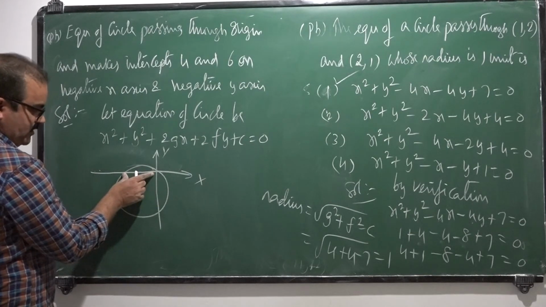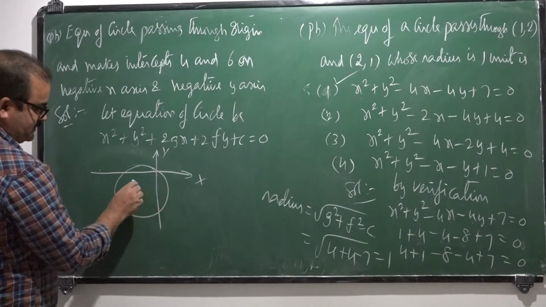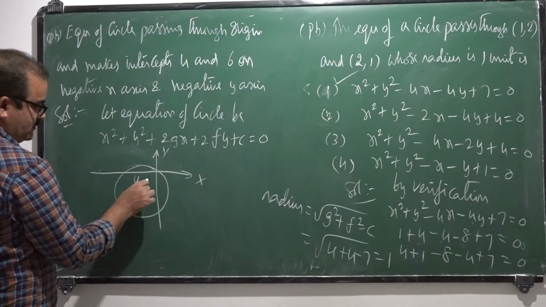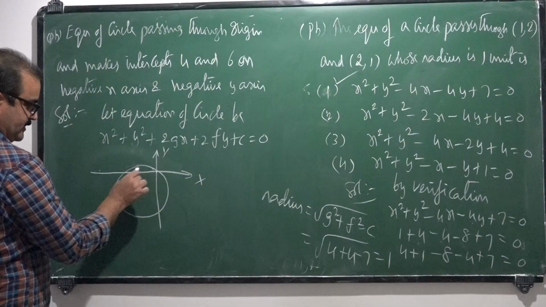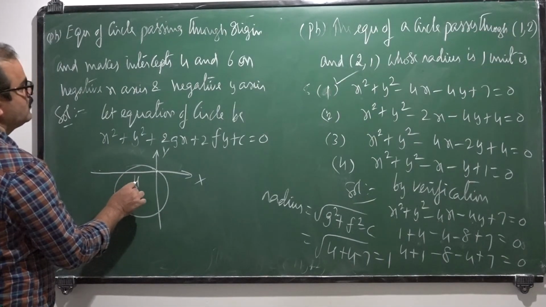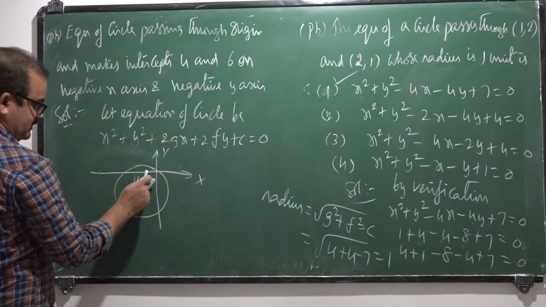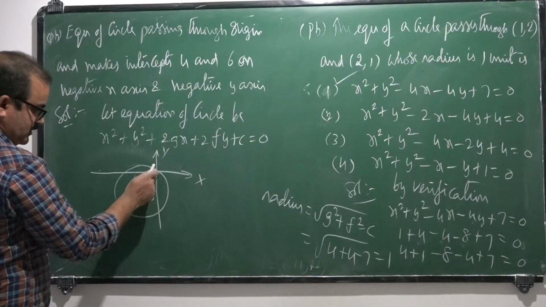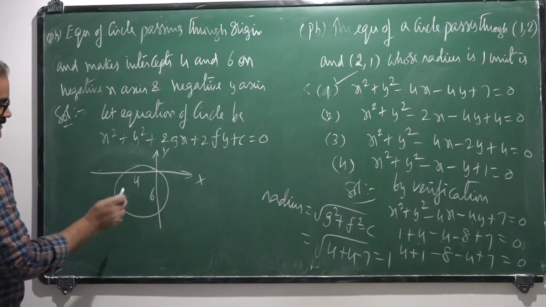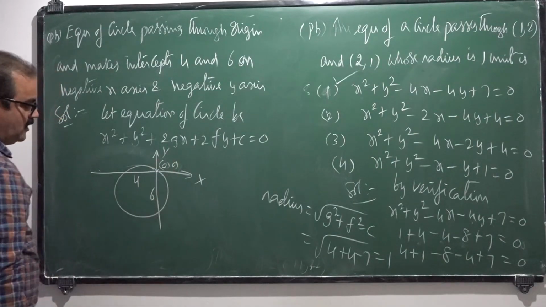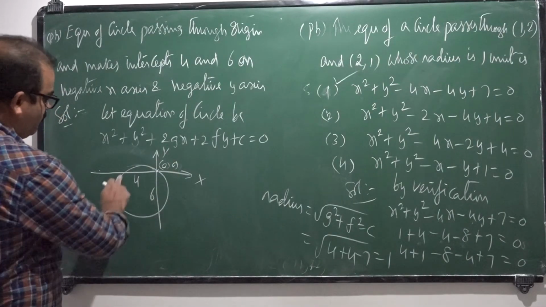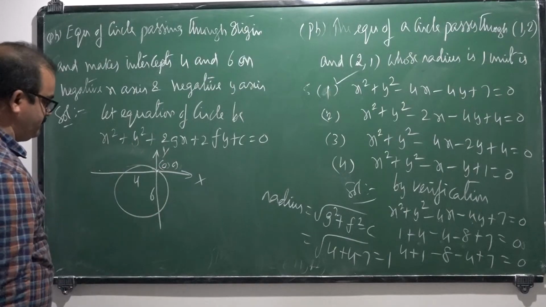This is the negative side of x-axis, negative side of y-axis. On negative x-axis the intercept is 4, 4 units on negative x-axis, 6 units on negative y-axis, and it passes through origin 0, 0. Find the equation of this circle.